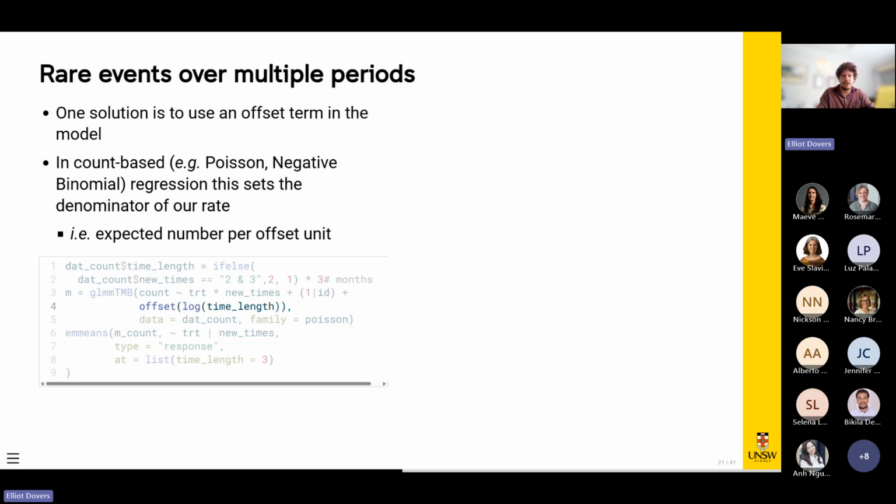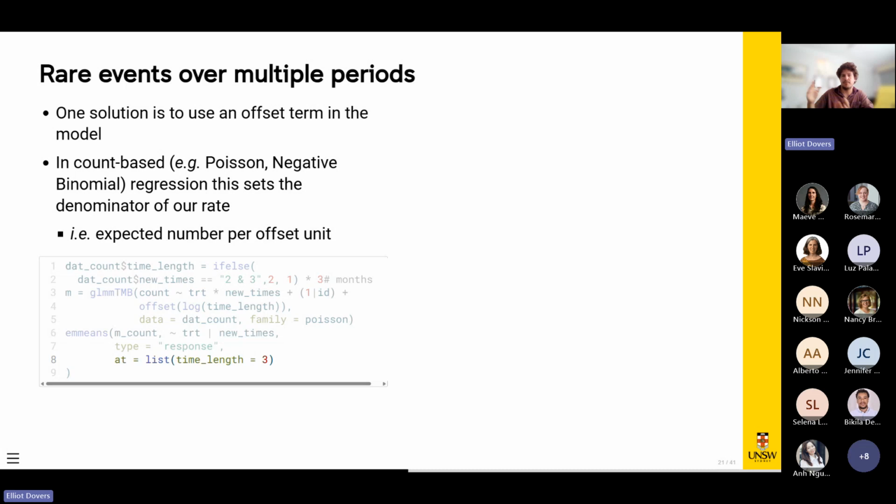And then to showcase in emmeans how we can handle that, we have this handy at argument in the function. We can give a list of variables in our model, and we can specify at what values we want our estimated outcomes to be.